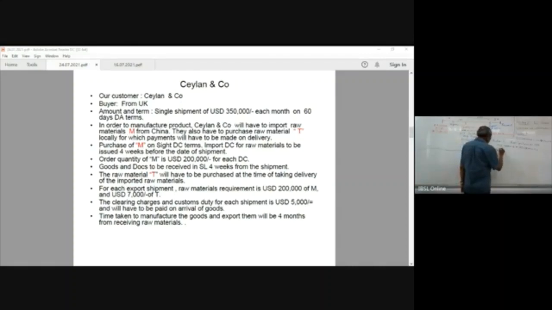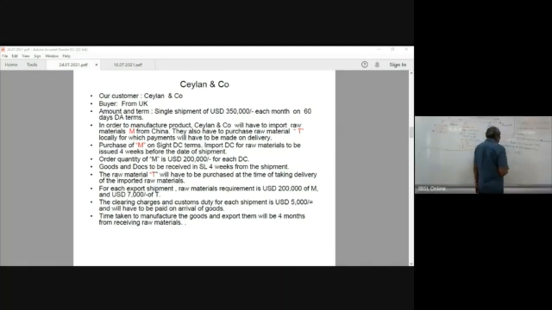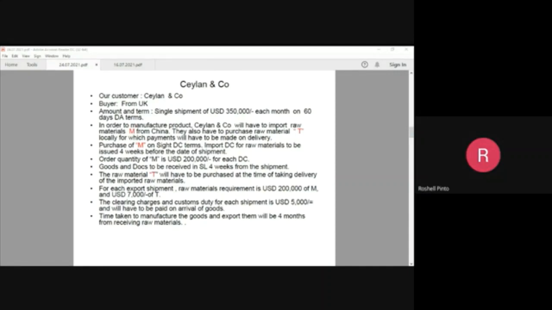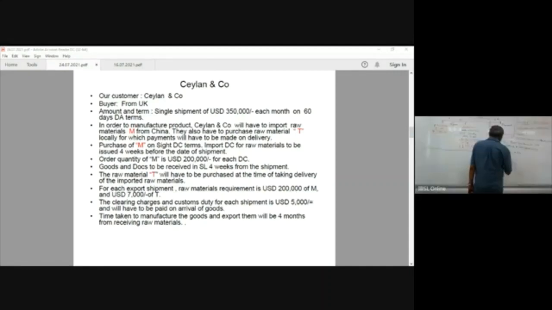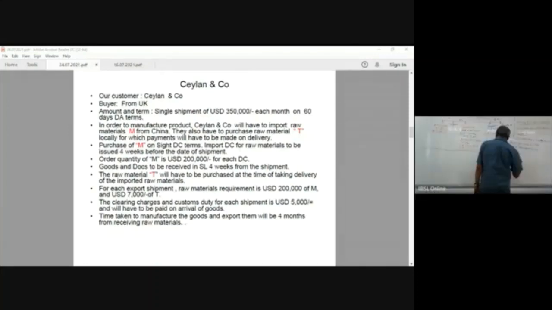Facility: short-term loan or OD to settle clearing charges and duty. US dollars 5,000 into 4, US dollars 50,000 into 109.